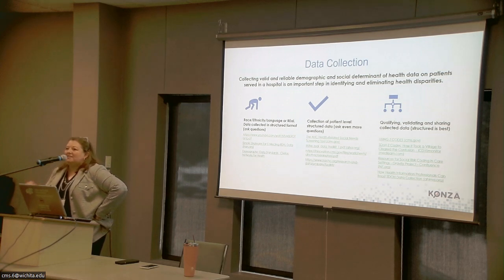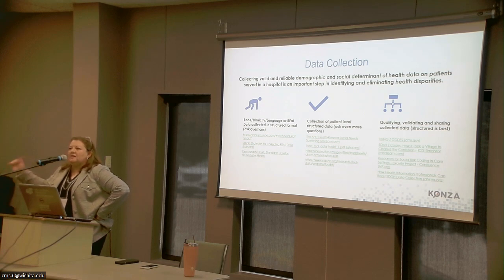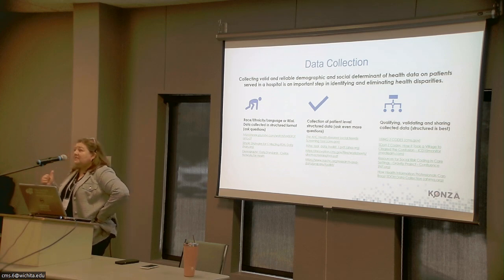You probably didn't have to ask a lot of questions to get that information. We're not incredibly diverse in a lot of our smaller towns. With a lot of the larger ones, we're not necessarily collecting it as well either, or they're doing really well on race but not on ethnicity, or really well on ethnicity and not language. So we really want to make sure that folks are collecting that.